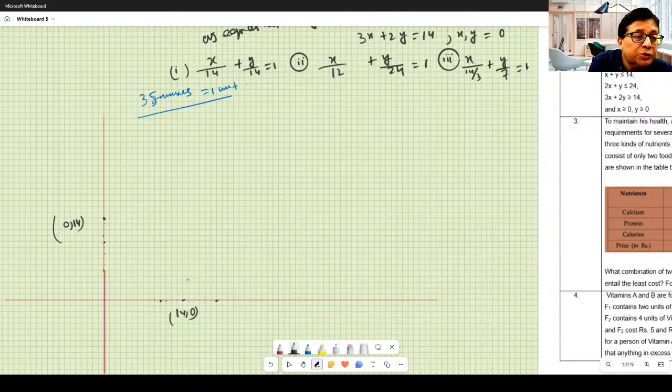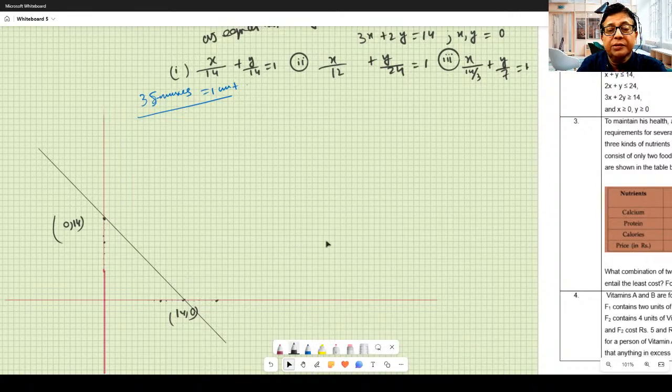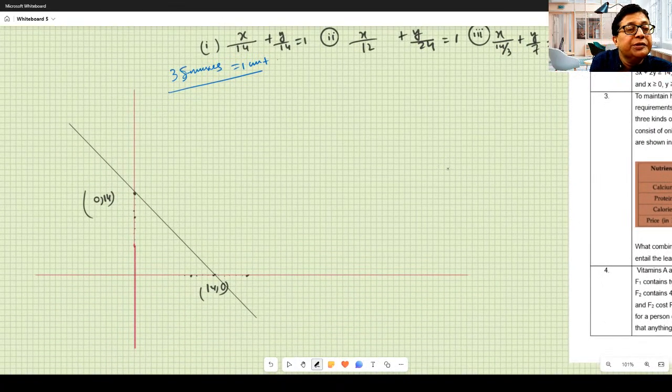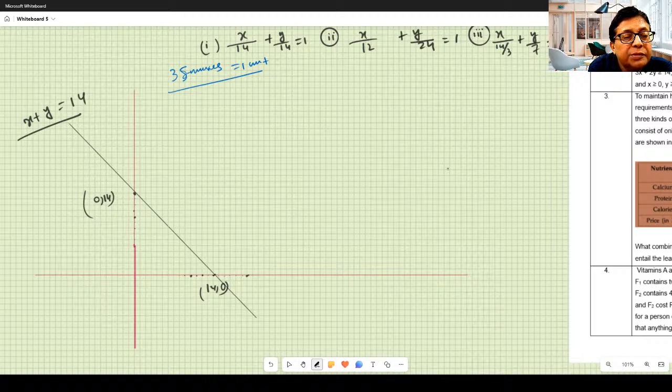Okay? So let us draw this line. This is the line. Which line is this? The first one. That is x plus y equal to 14. Next one, 12 and 24. This is 0, 24.